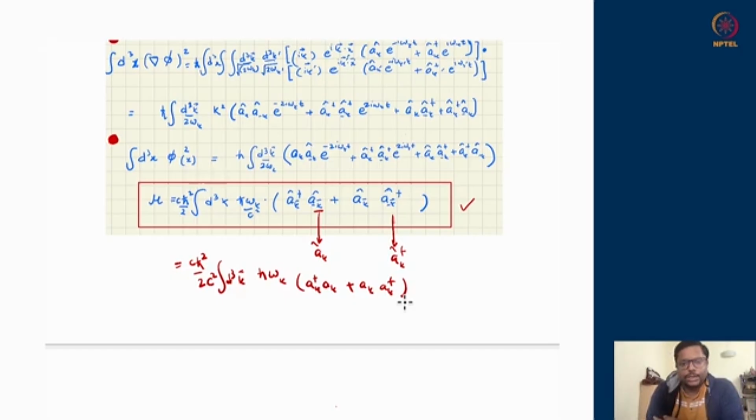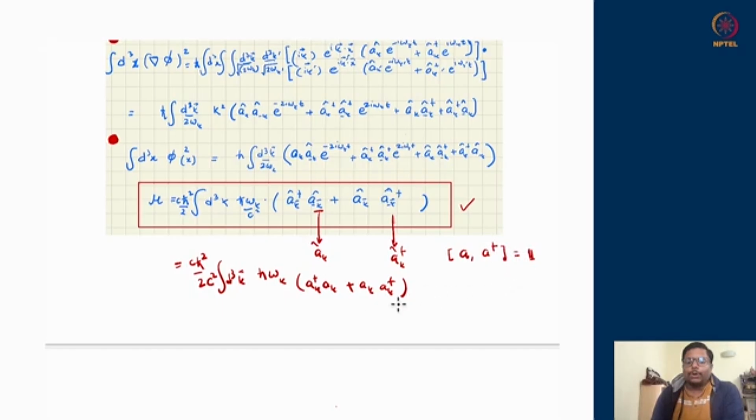So if we quantize the ordinary harmonic oscillator, at the end of the day we get the Hamiltonian almost like this. But there, in quantum mechanics, there is no k dependency in a, so the commutator of a and a dagger was identity.